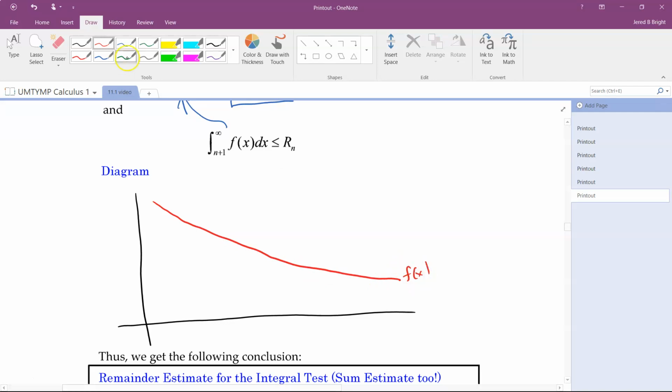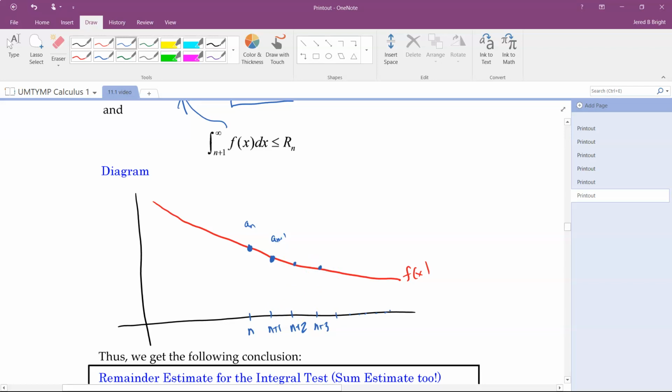Then we have the values here: n plus 1, n plus 2, and n plus 3, and so on and so forth. The associated sequence values are here, so this would be a_(n+1), and then here and here.